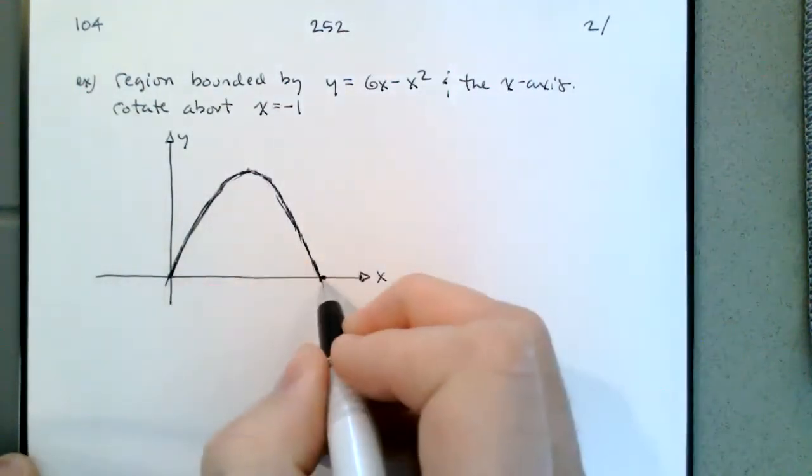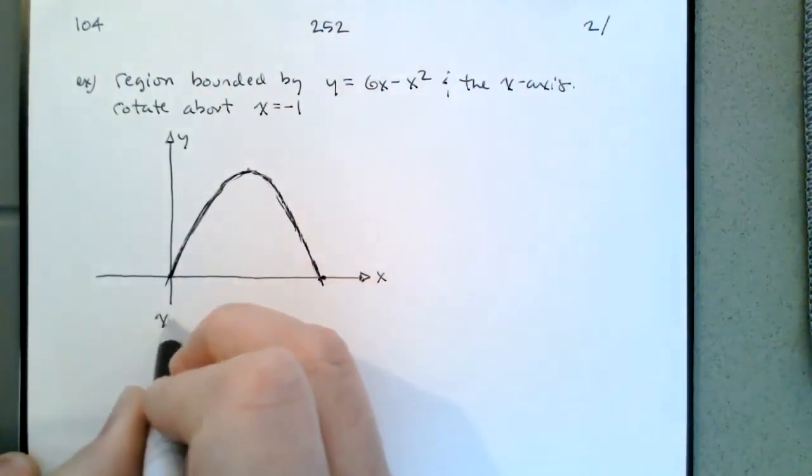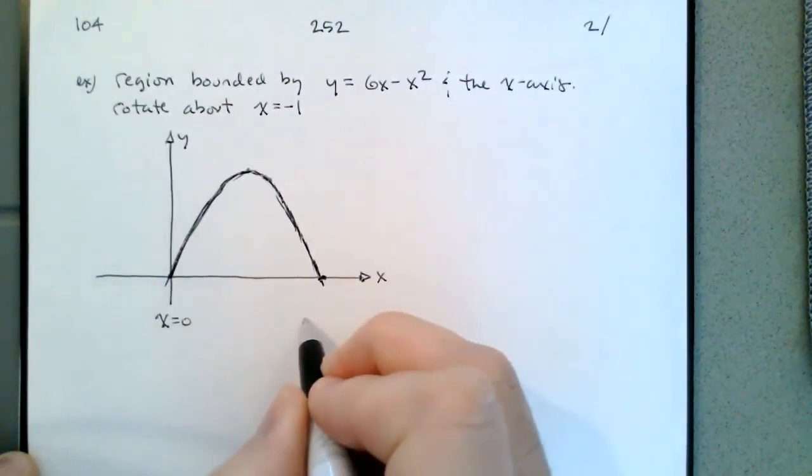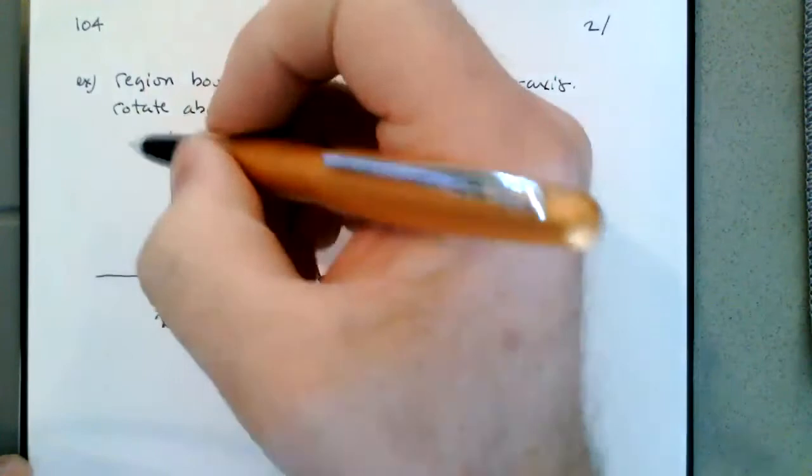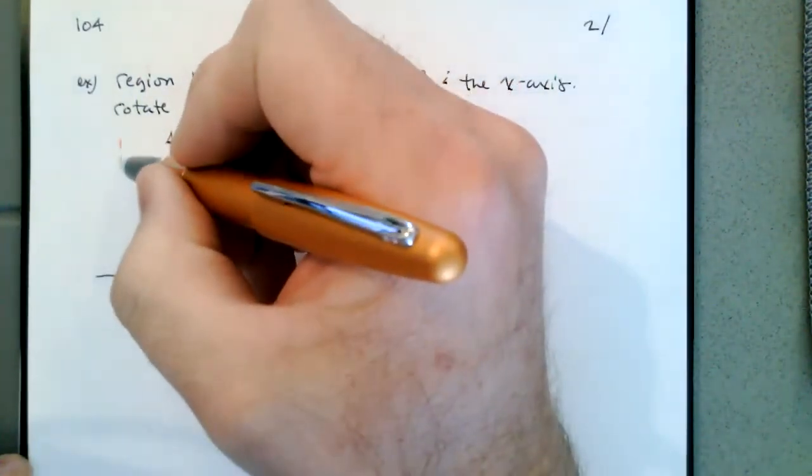We'll have x-intercepts at 0 and at 6. And we're going to rotate this about the line x equals -1.